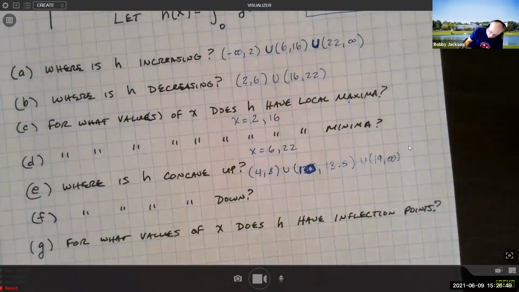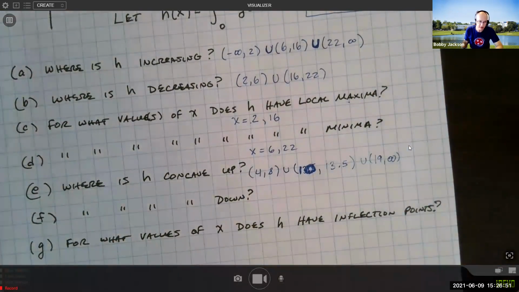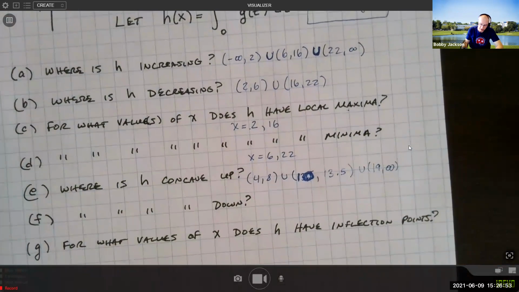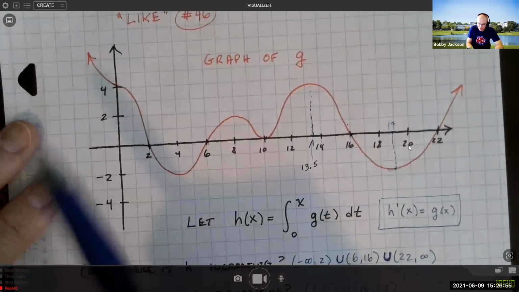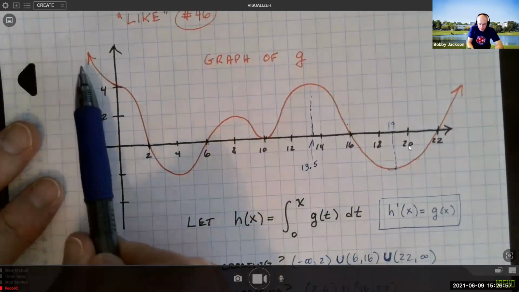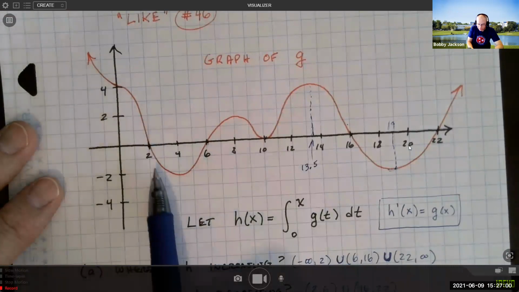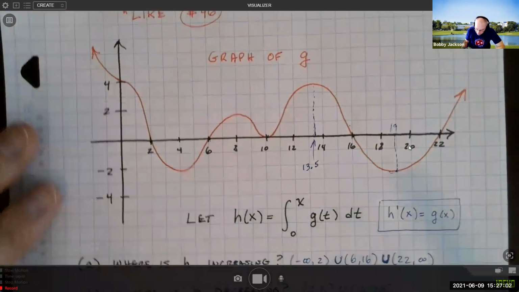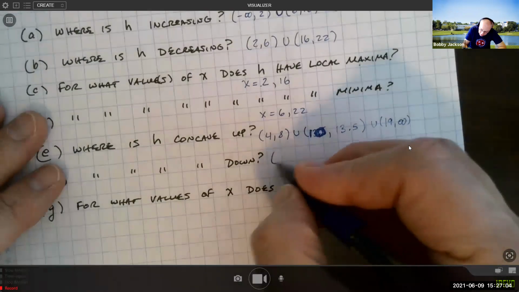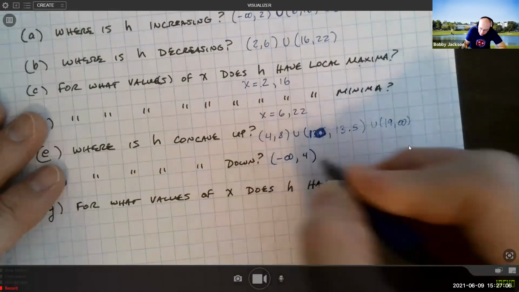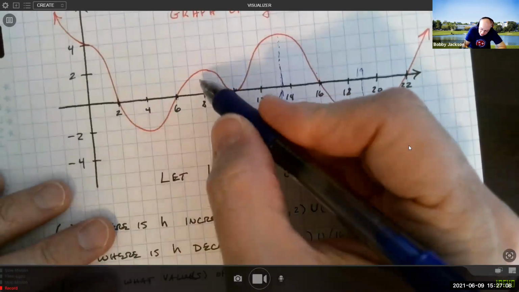So where are we concave down? We're concave down where the derivative is decreasing. Well, we're decreasing from minus infinity down, down, down until we bottom out right about 4, right? So from minus infinity to 4, and then we're decreasing again from 8 to 10.